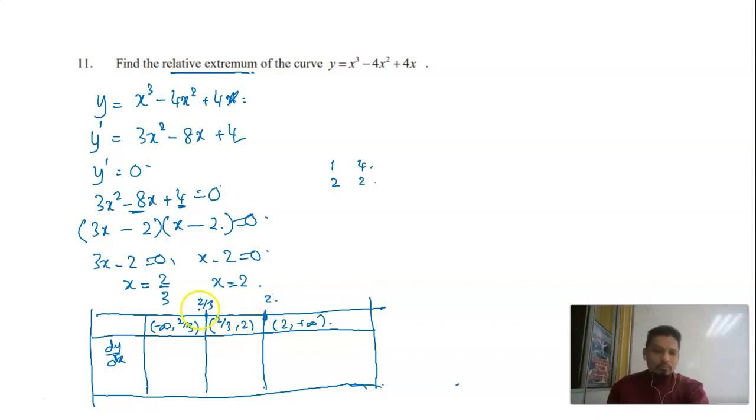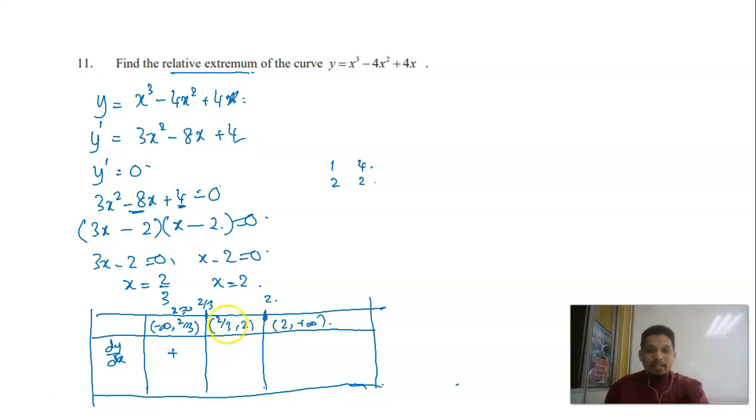So just think of any value that is less than 2 over 3. Less than 2 over 3, 0. Okay, so substitute x equal to 0 into y prime or dy/dx. So we get positive 4 here, and it is positive.